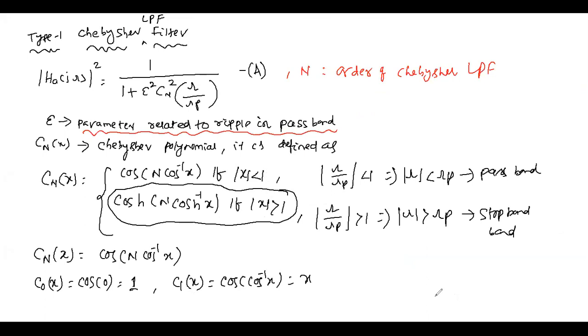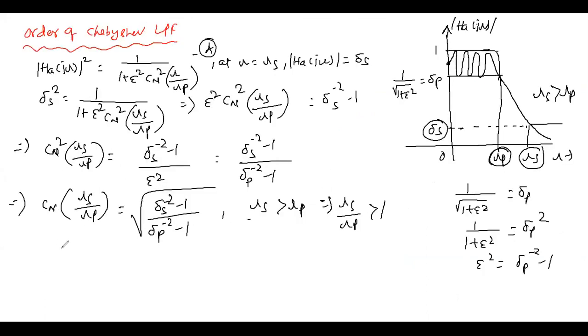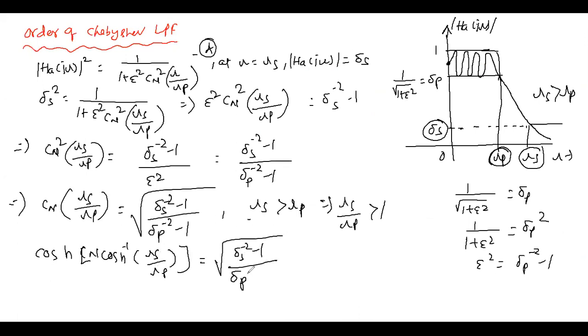Now, using this formula, I can write cos hyperbolic inverse omega s by omega p equals square root of del s minus 2 minus 1 over del p minus 2 minus 1.